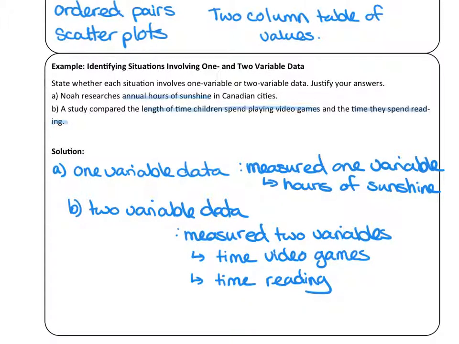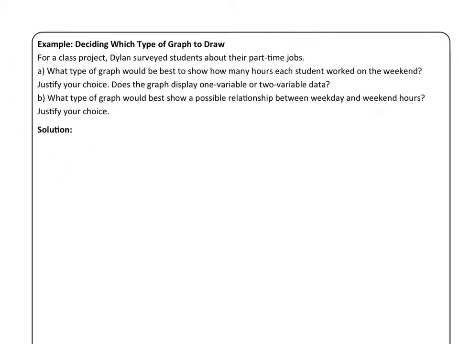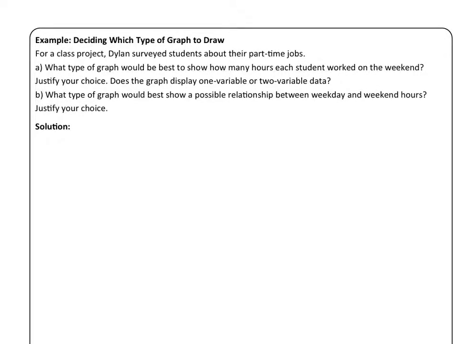Let's move to the second page. And we'll look at this different example. Deciding which type of graph to draw. For a class project, Dylan surveyed students about their part-time jobs. A says, what type of graph would be best to show how many hours each student worked on the weekend? Justify your choice.